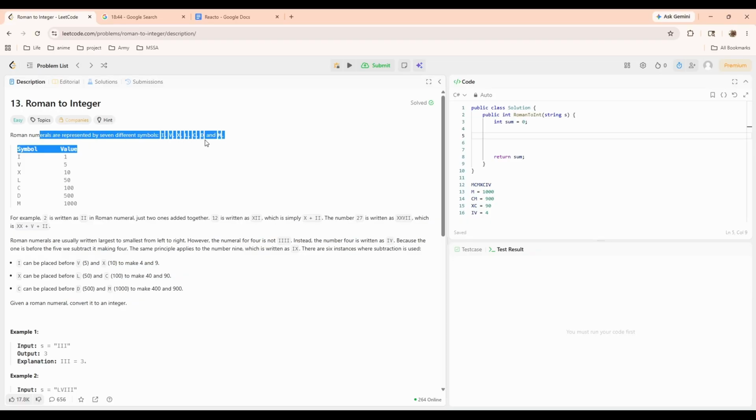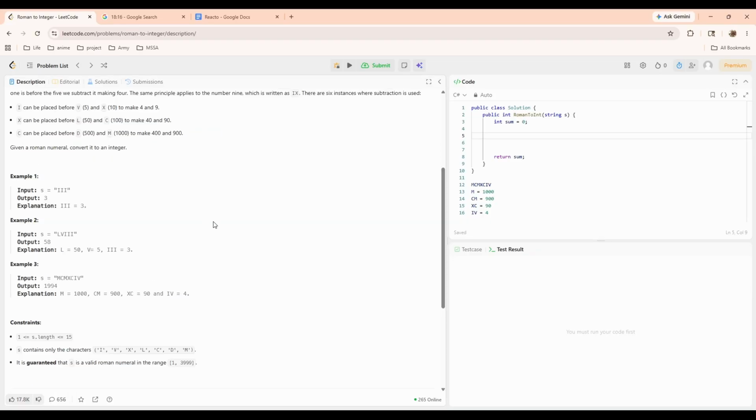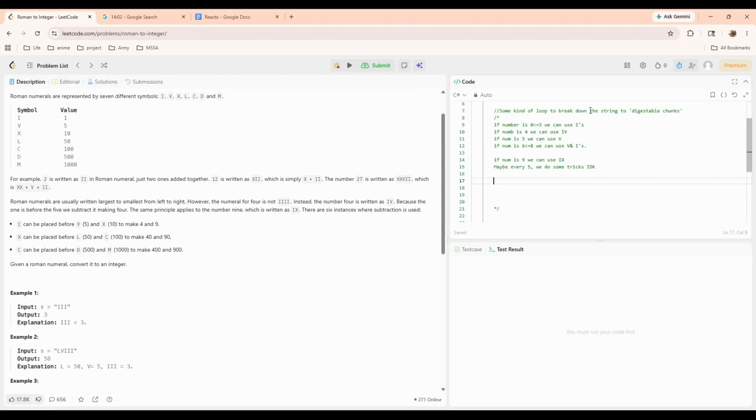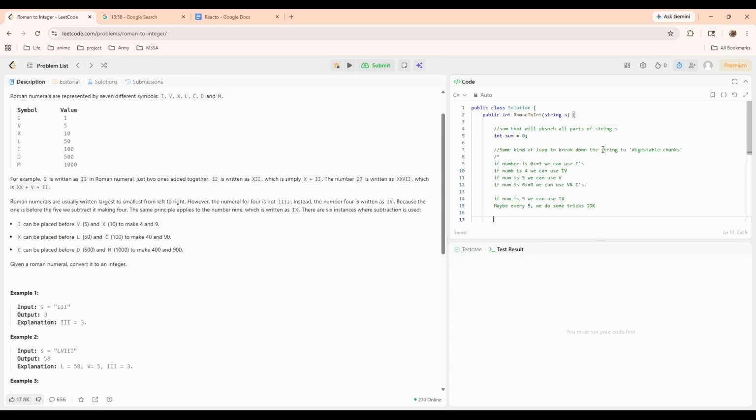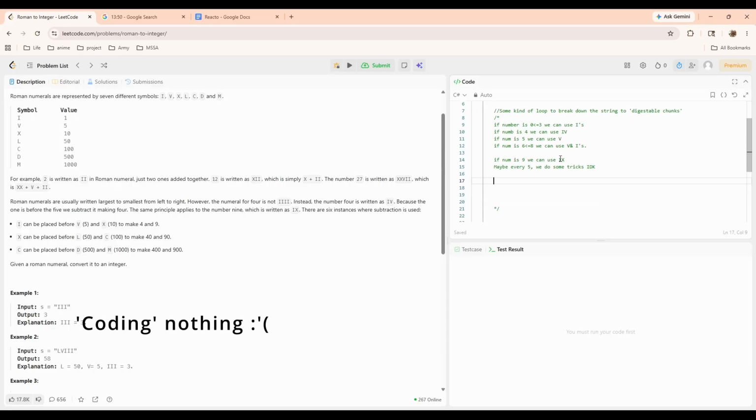So Roman numerals. I feel like another thing we have to do is some sort of loop to chop up this string. There's a first step that we have to take to change the string, to chop it up basically, and I'm trying to figure out the logic for how to chop that up.